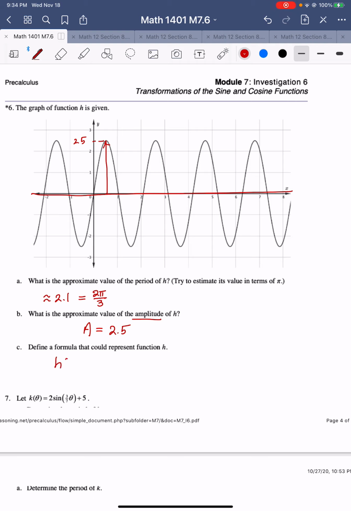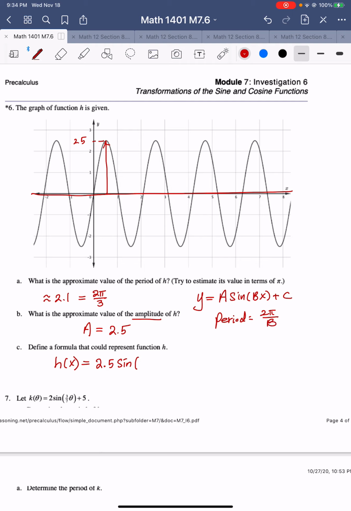So h of x, amplitude 2.5 with the sine function, and the period is 2 pi over 3. If you have y equal to a sine of bx plus c, where a represents the amplitude, b comes from the period. Period is always 2 pi over b.